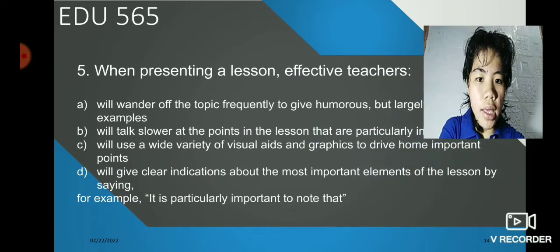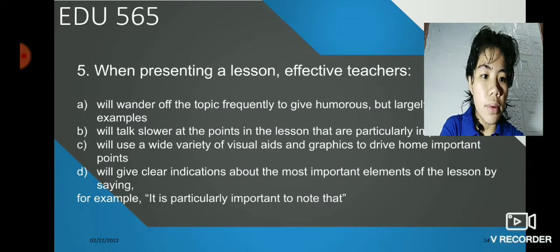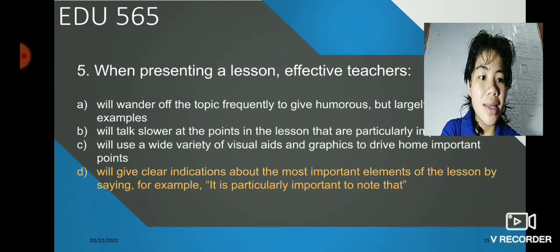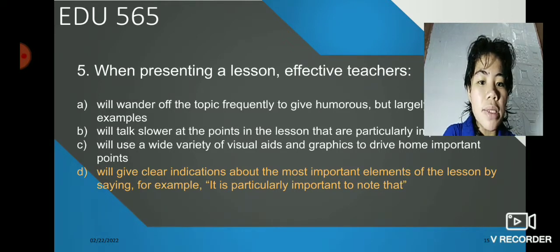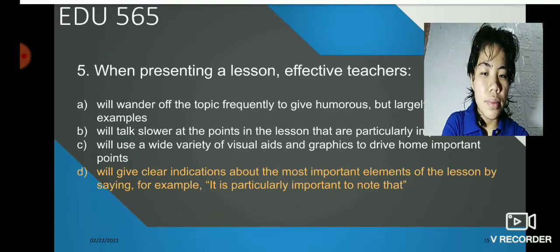And D. will give clear indication about the most important elements of the lesson by saying, for example, it is particularly important to note that. Okay, the answer here is letter D. Will give clear indication about the most important elements of the lesson by saying, for example, it is particularly important to note that.